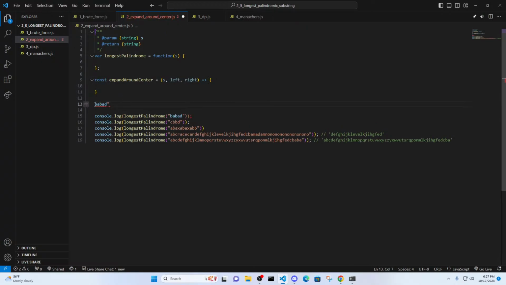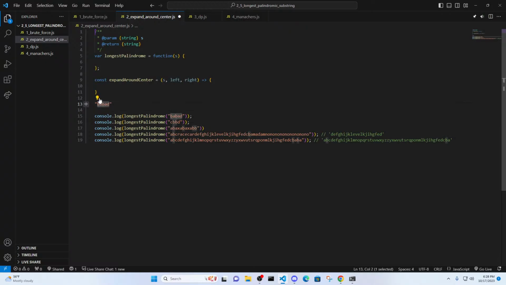This one is going to be very similar to the last one because we're going to iterate over every character of the string. The only difference is for every character of the string, we're just going to have a left pointer and a right pointer, and we're going to expand outwards until the characters don't match anymore.